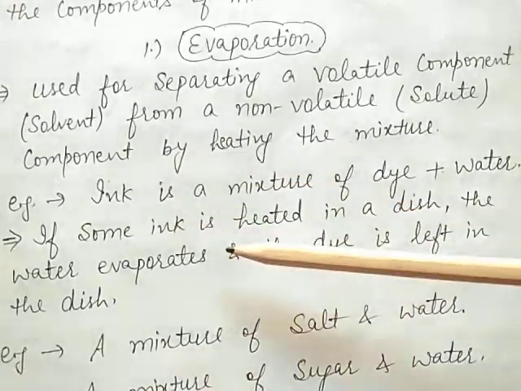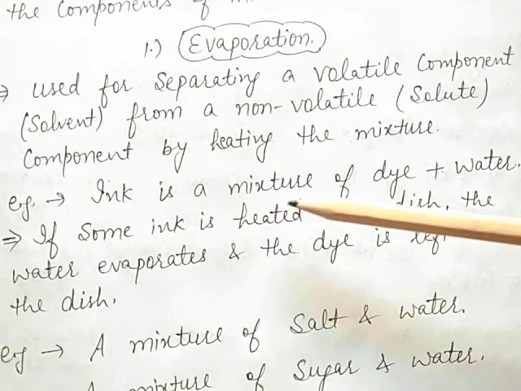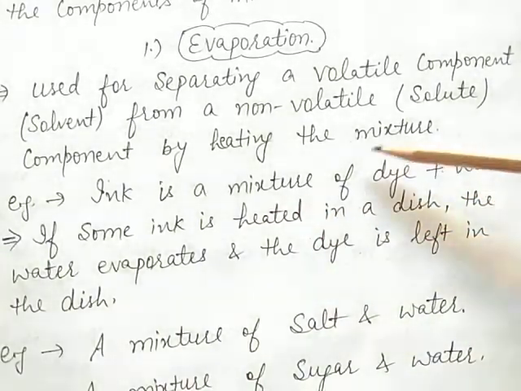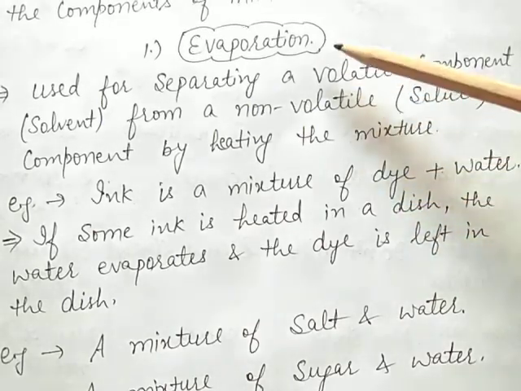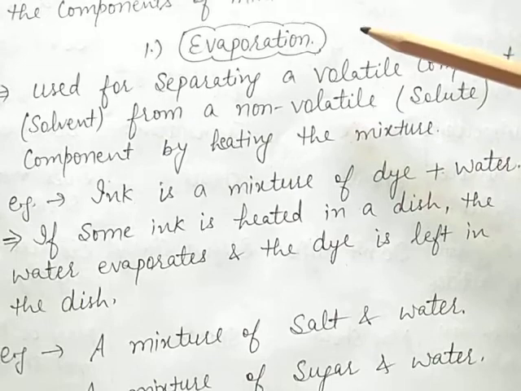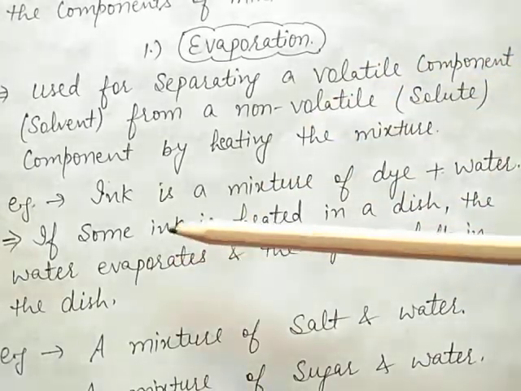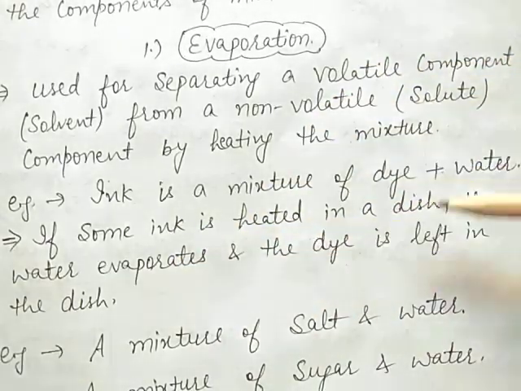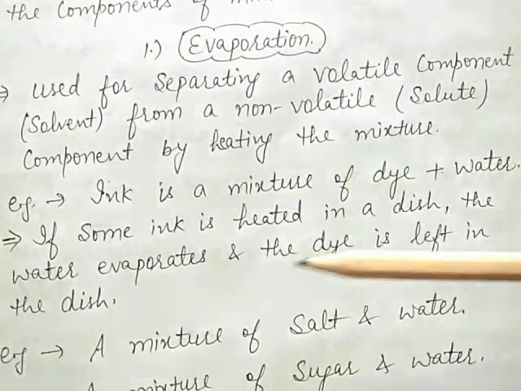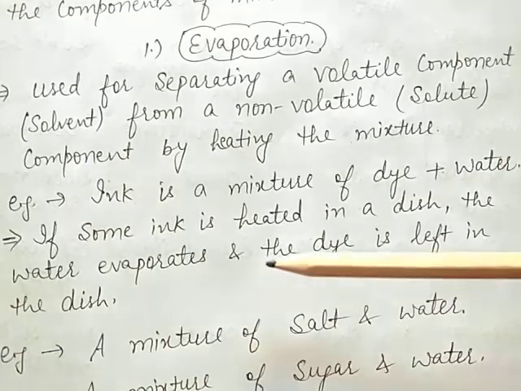Here we take one example. Ink is a mixture of dye and water, and it can easily be separated by the process of evaporation. If some ink is heated in a china dish, then the water evaporates and the dye is left in the dish.